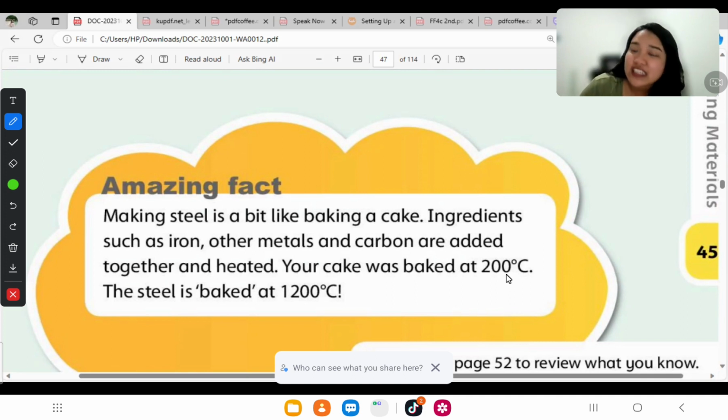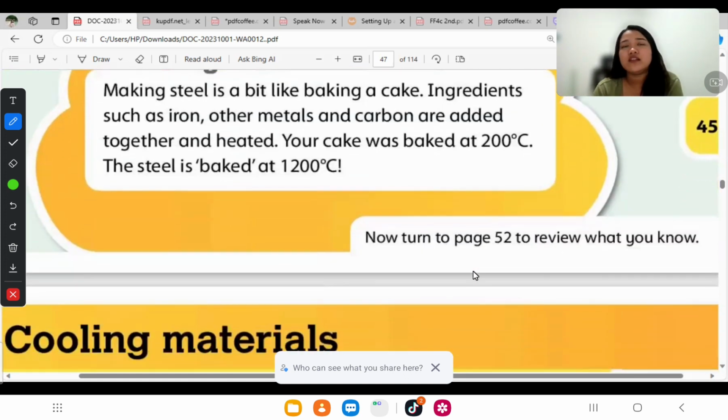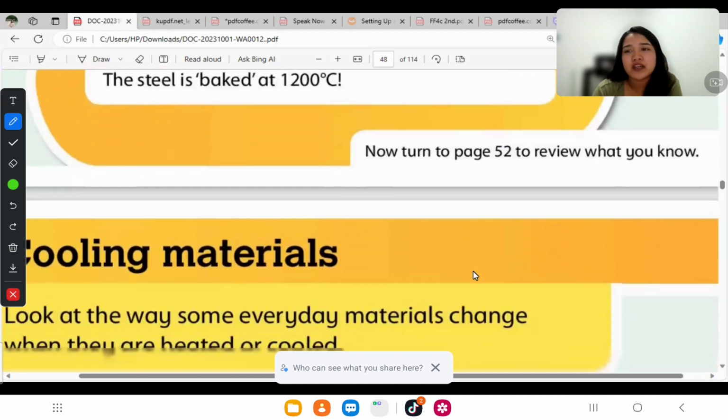That's how we measure temperature using Celsius or Fahrenheit. Just like baking a cake, we can also bake steel: iron, metals, and carbon. We mix them together and heat it. The steel is baked around 1,200 degrees Celsius, the cake around 200 degrees Celsius. So that's how heating changes the shape.